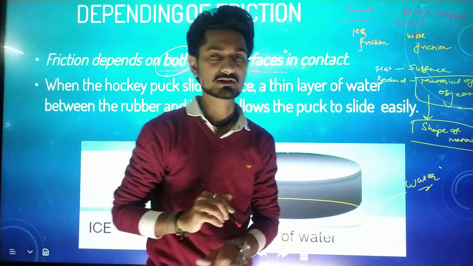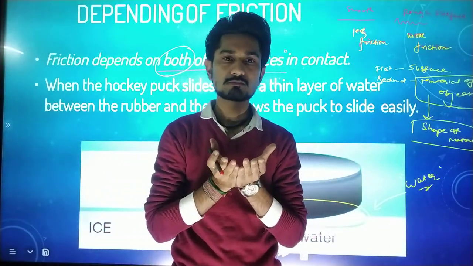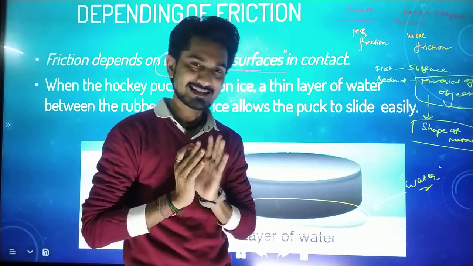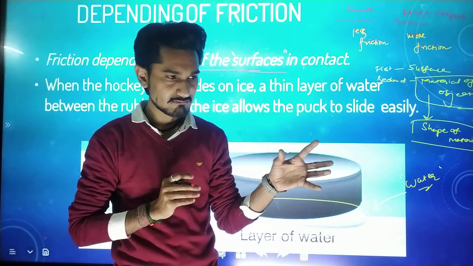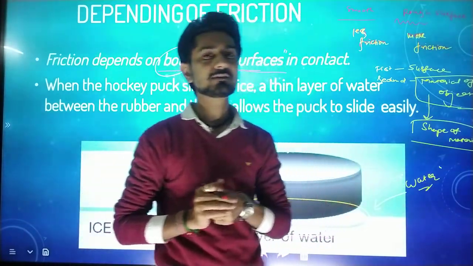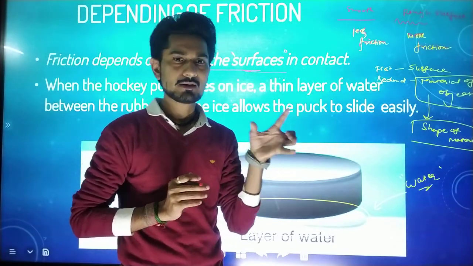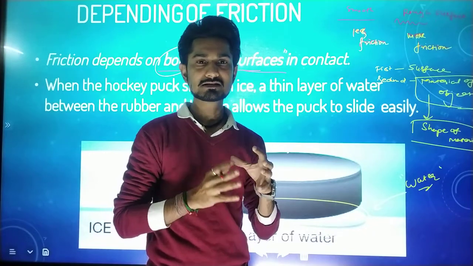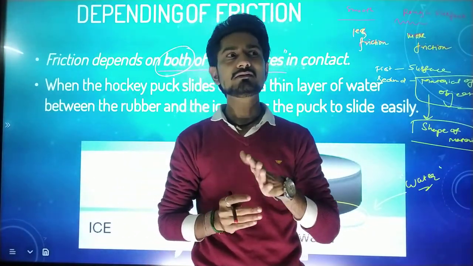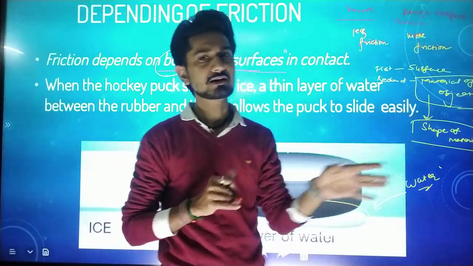If we are using a smooth material, we can slide the object and it will lessen the friction. Another thing is the shape of the material. If the object has a round or spherical shape, it will take less effort to move that object further.